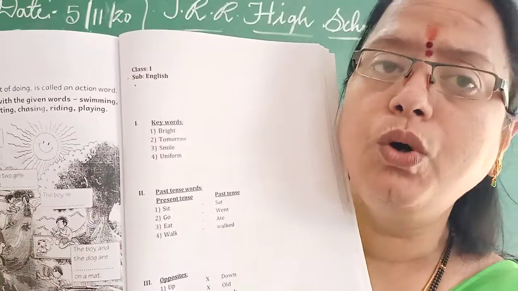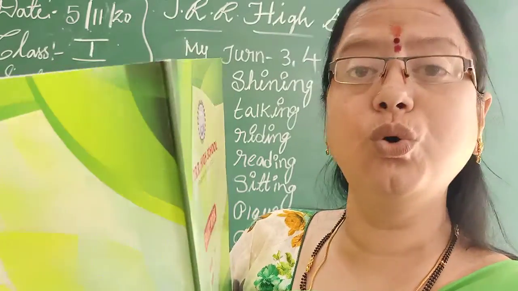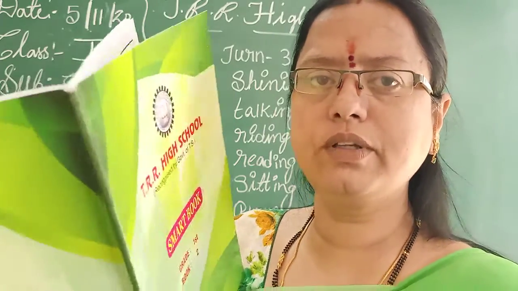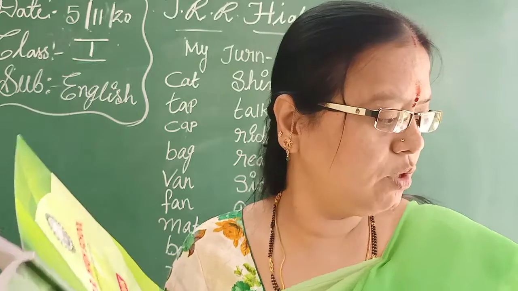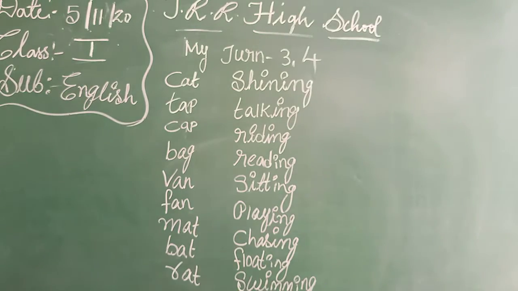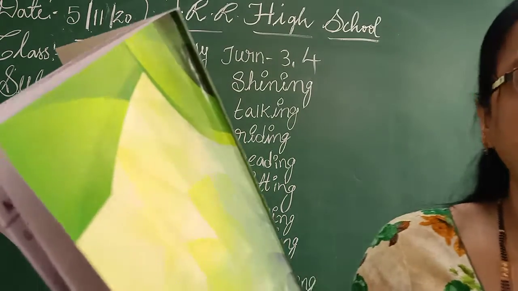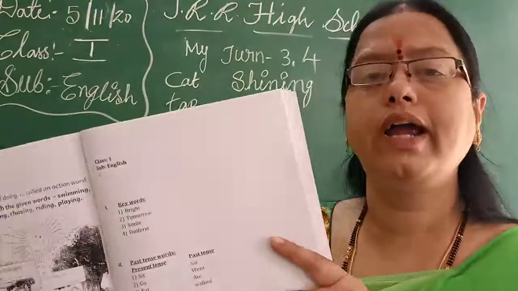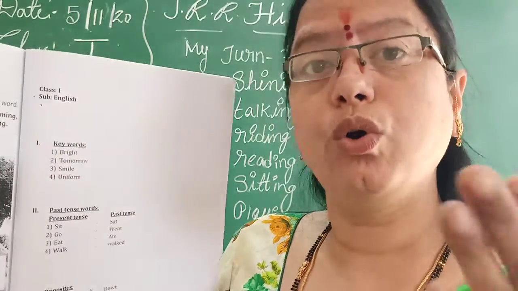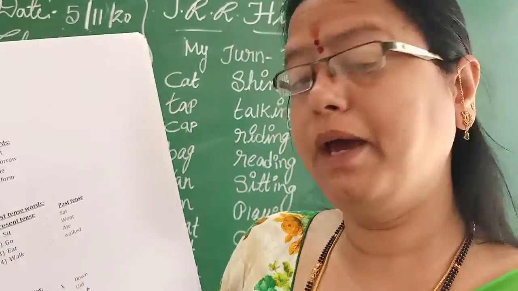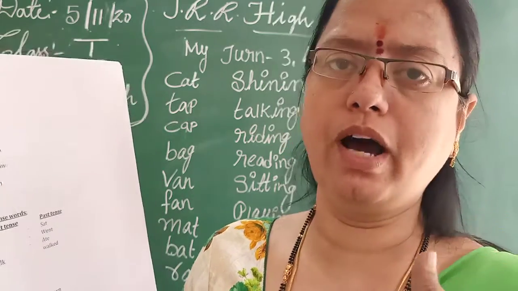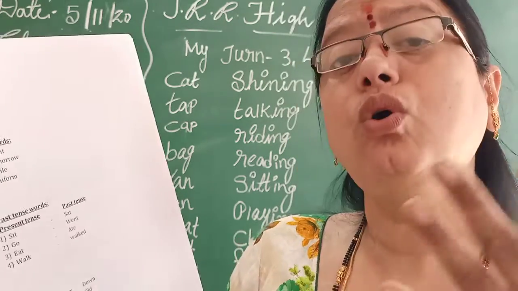N-E-W, new. Your book is new. This book is new. My book is old. Opposite, old. O-L-D, old. New opposite old. Kottadi, patadi. Okay, paina, kinda. Up, down. Paina, kinda. New, old.